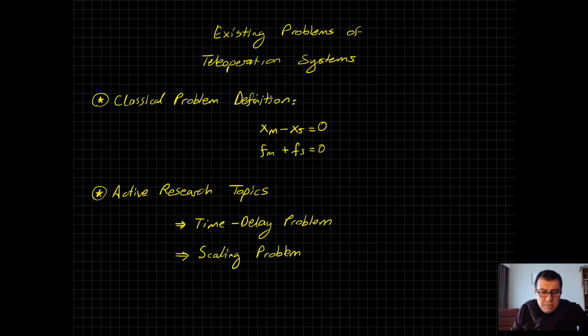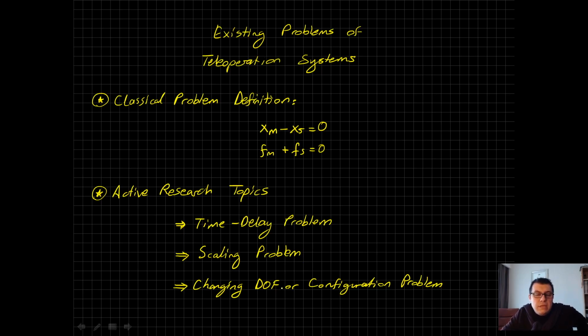And maybe one of the last problems here is the changing degrees of freedom problem or configuration problem. Let me also capitalize this. Okay, what's the changing degrees of freedom or configuration problem?